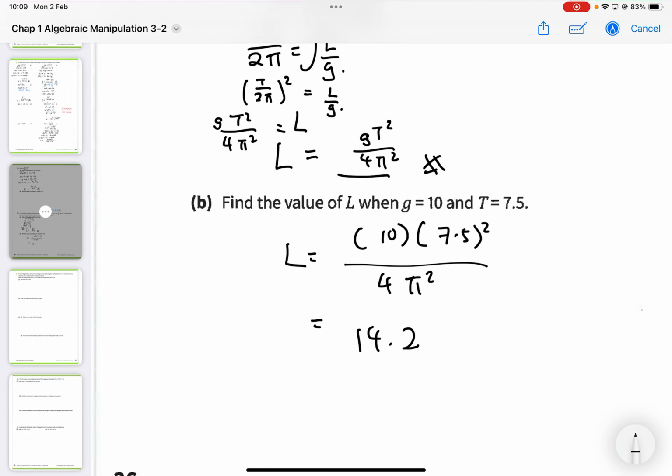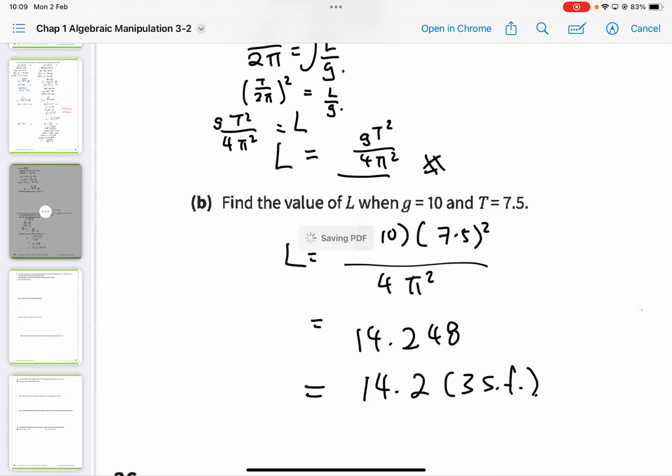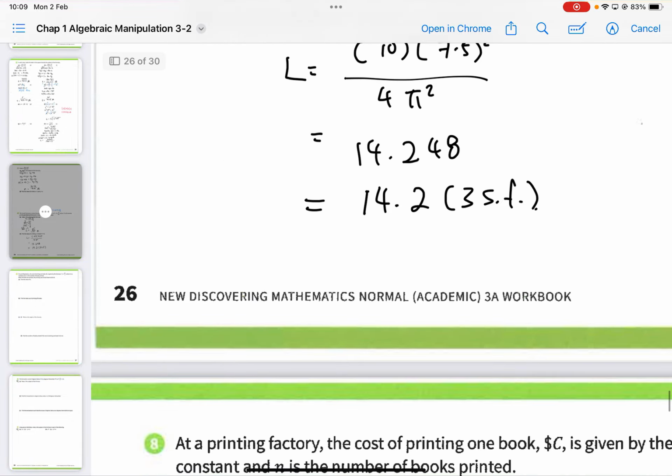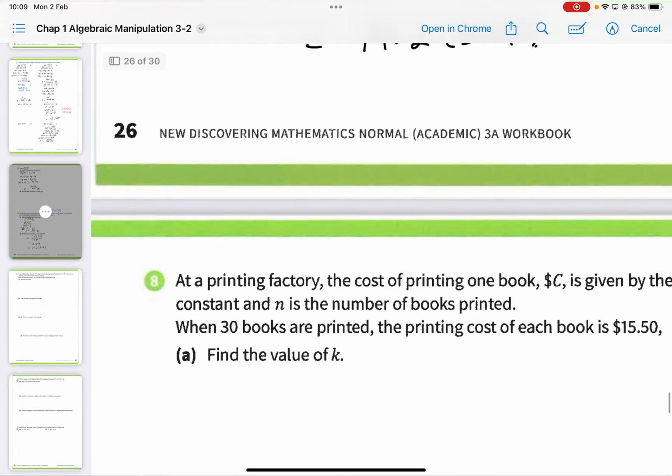Just now, Louis, you said 248. Then finally change it to 3 SF. Hey, Leila go competition, huh? Oh.